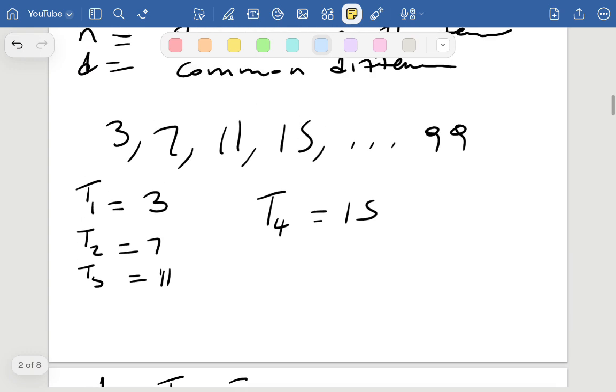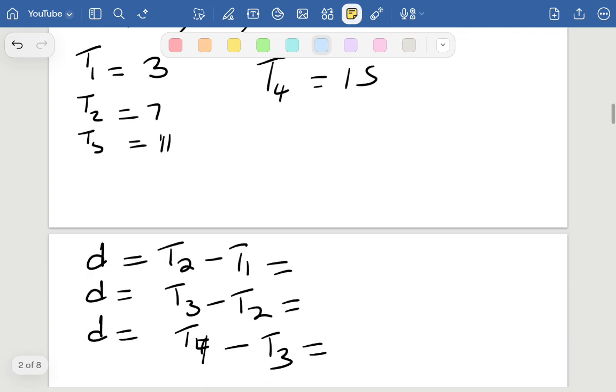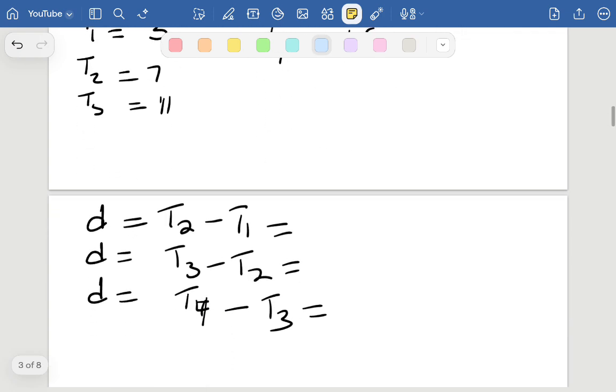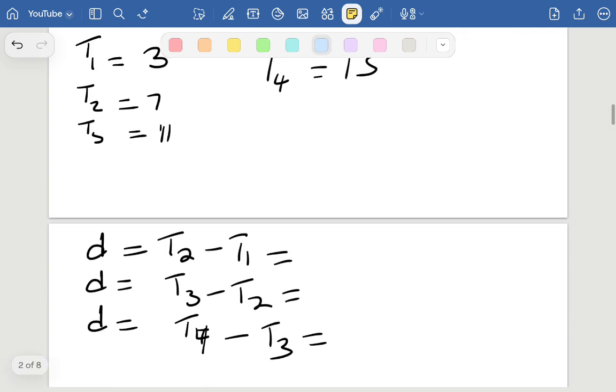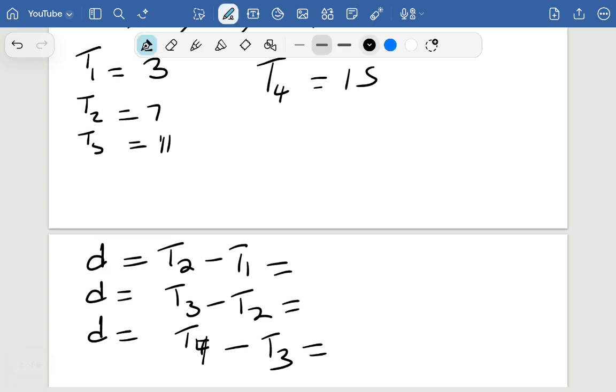So looking at our series, there is 3, 7, 11, and 15. Our second term is 7, so we're going to say 7 minus 3, and our answer is 4.